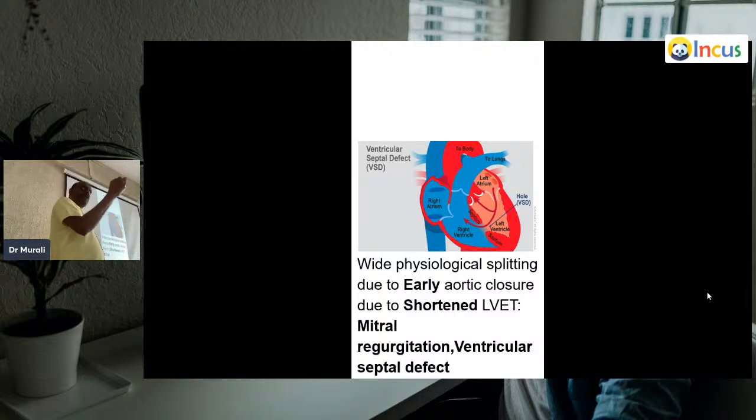So when the ventricle is undergoing systole, some blood is moving into aorta and some blood is leaking into right ventricle, so that the ventricle becomes empty earlier and aortic valve closure also is earlier, and that leads to development of wide physiological splitting. A2 to P2 gap becomes wider.